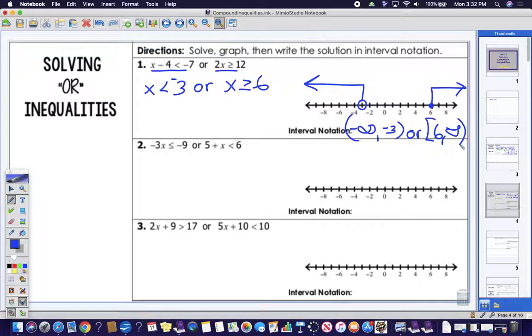And basically that's what or compound inequalities are doing. One thing I do want to mention is that when we write this, make sure we write the inequality that is graphed left first, and then the inequality that is graphed to the right. Usually that's the format we would use.